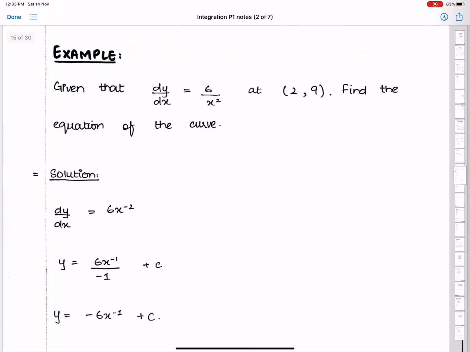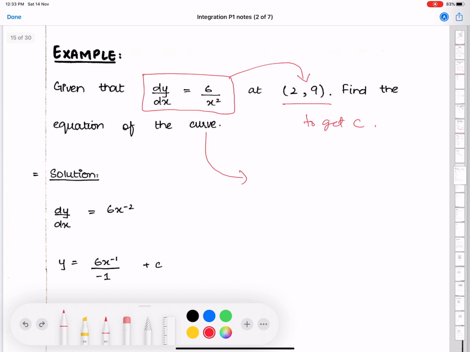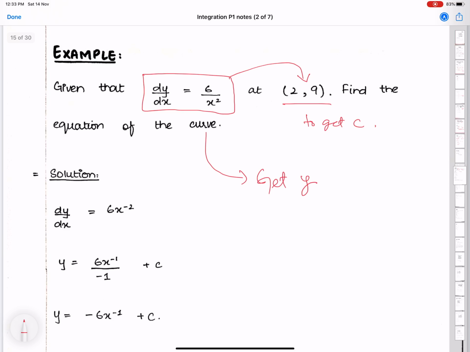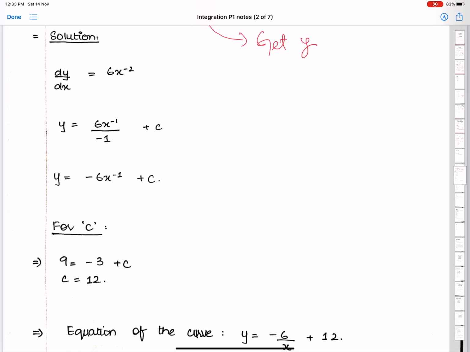Example. This is the gradient of the tangent to the curve at this point. This point is used to get C. Find the equation of the curve. Equation of the curve means make y the subject. So when we integrate this gradient we get y, and when we integrate x minus 2 to the power minus 2, we get (x minus 2) to the power minus 1 over minus 1 plus c.